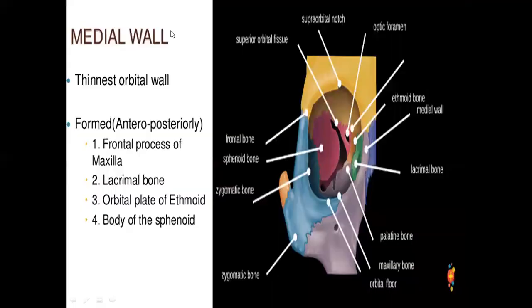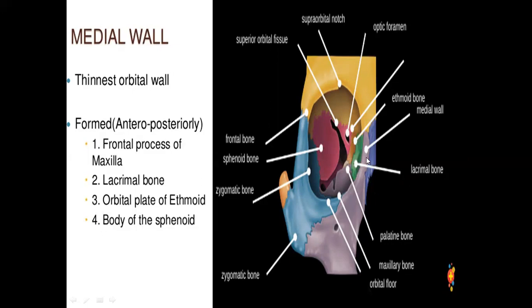Next is the medial wall of the orbital cavity. See, this is the medial wall. This medial wall is the thinnest wall, and it separates the nasal cavity from the orbital cavity.